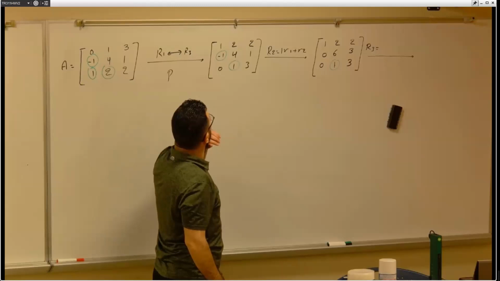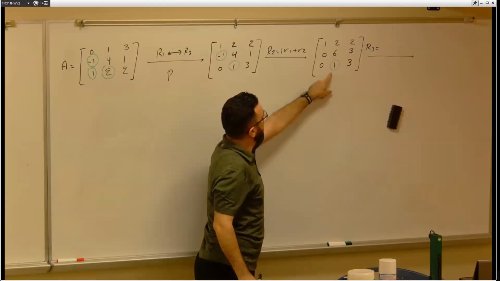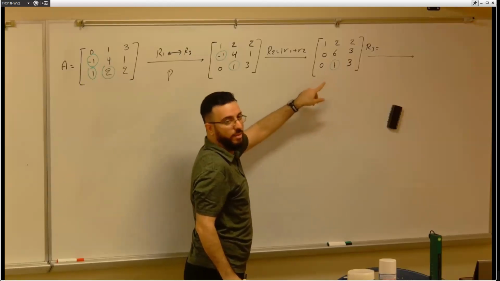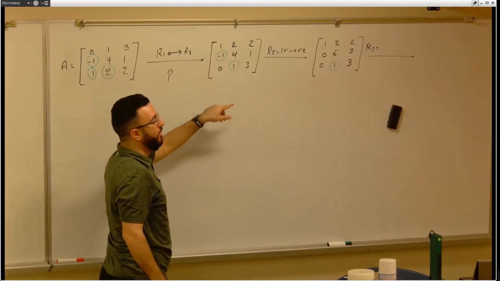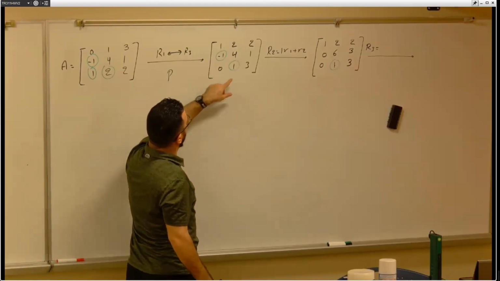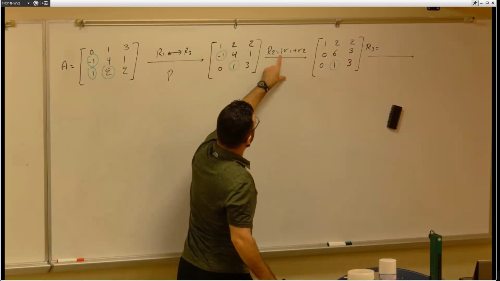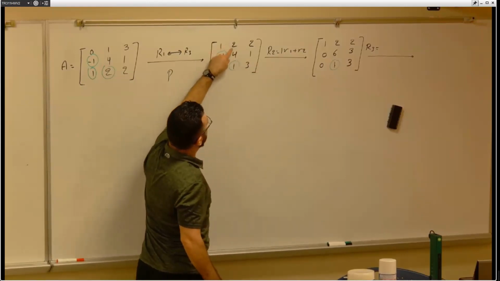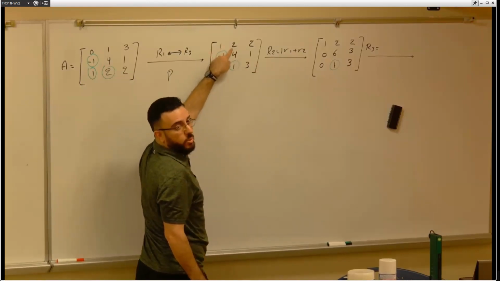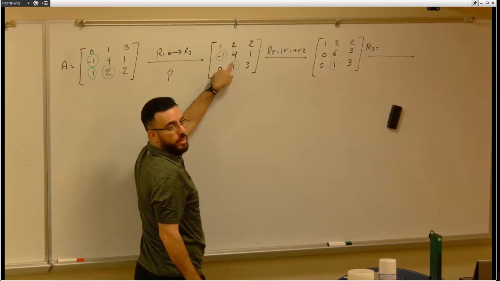Is it 2 plus 4 or 1 plus 4? Why is it 1? Because 1 times R1, 1 times 2 is 2, plus 4, 2 plus 4 is going to be 6. Okay, you got it?